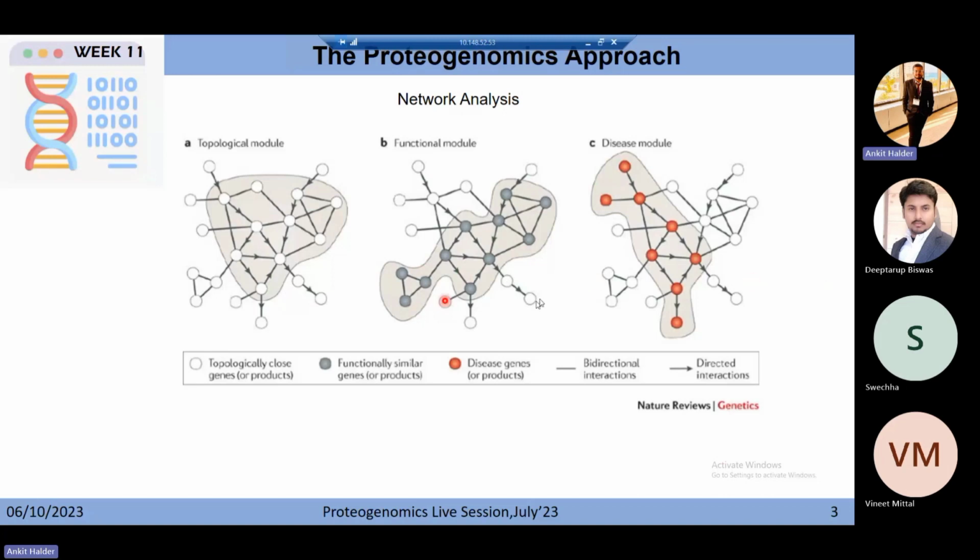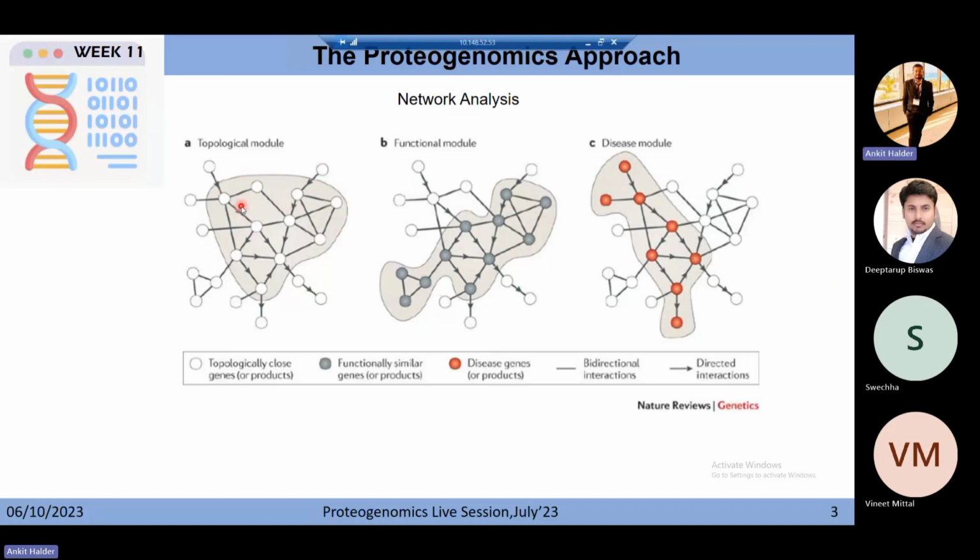Now this network analysis is very much derived from graph theory, where you will have your nodes, edges, branches, as well as the direction. If you consider it as a graph with nodes and edges and branches, you will see that there is a direction associated with it.